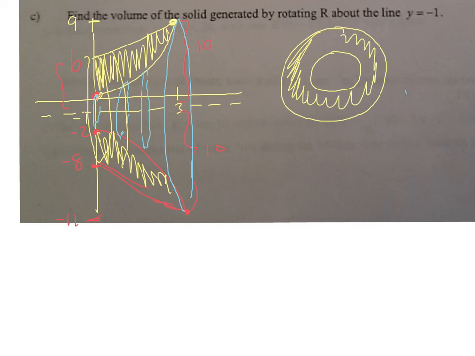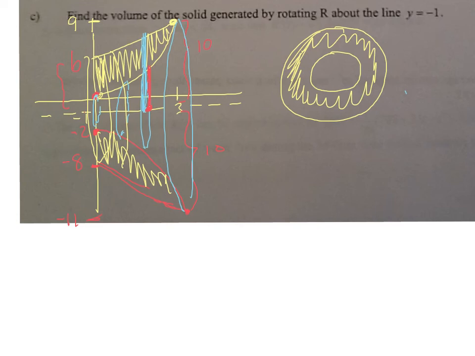It's concentric circles, okay, where the longer radius goes from -1 up to the line. And then the shorter radius goes from -1 up to the x squared.